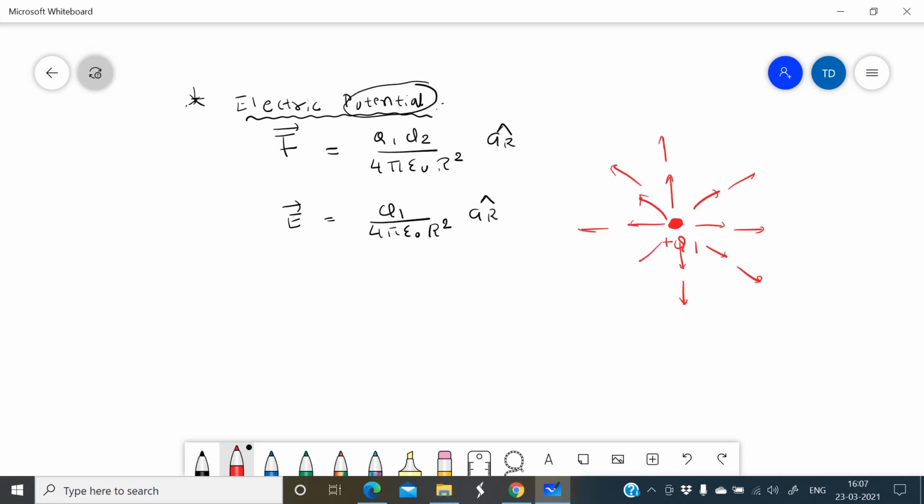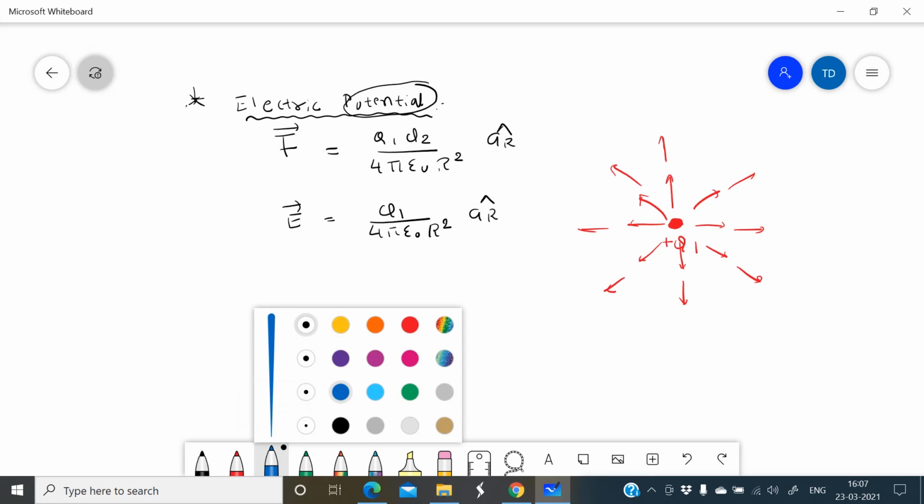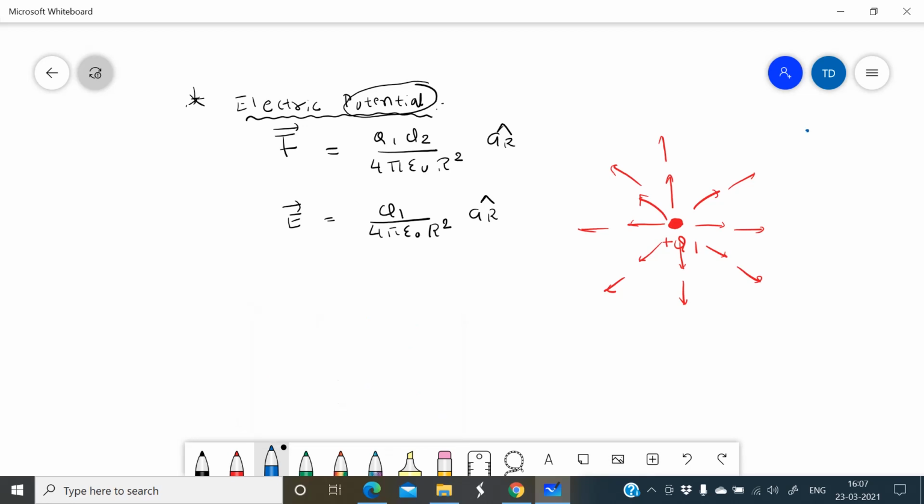Now the next charge, a very small charge q2, is present at a very long distance. This is plus q2, a very small charge.